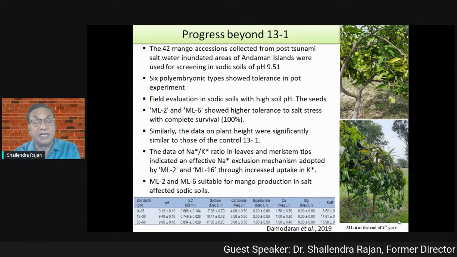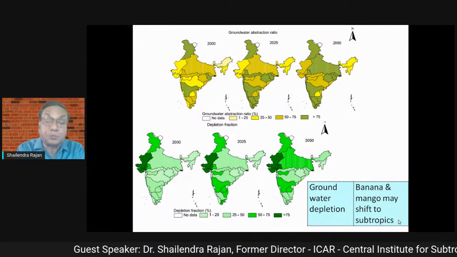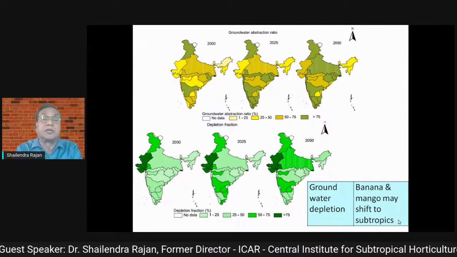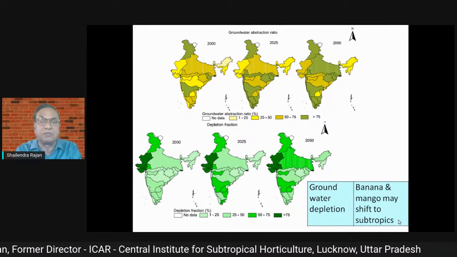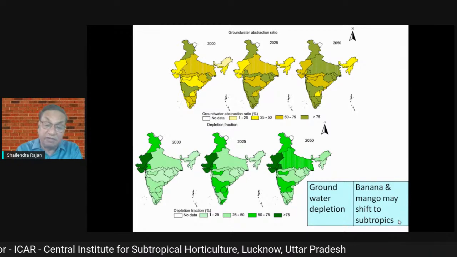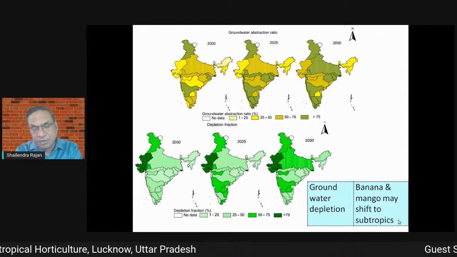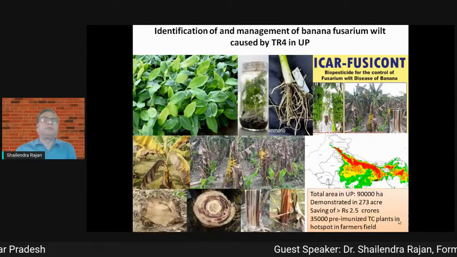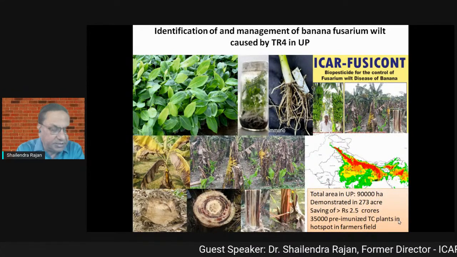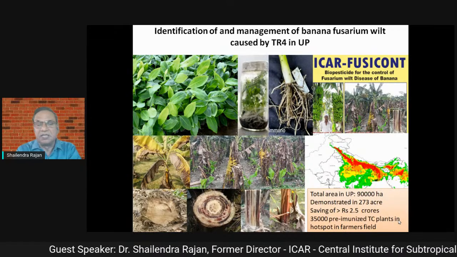So there is a change in groundwater depletion and abstraction. There will be a shift because of the groundwater level going down to 25 or beyond that. Also, the conditions of groundwater availability will be different in the central and southern parts and in North India.